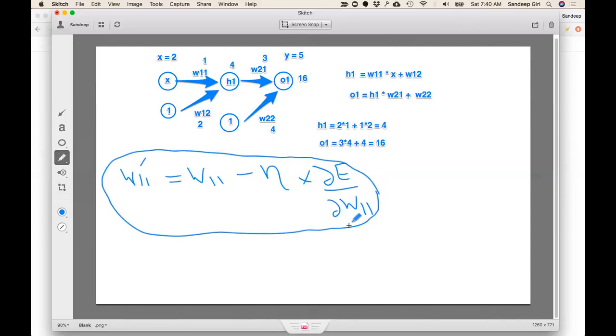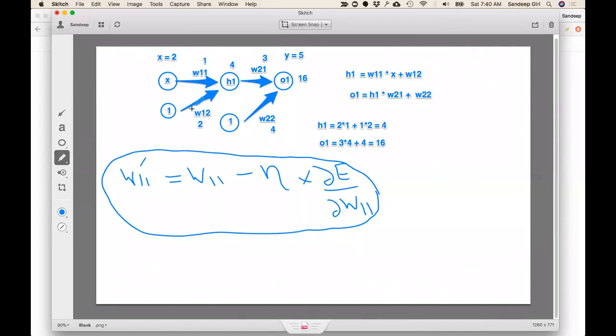So what is it that we're talking about? Earlier, we understood that we need to change these weights.